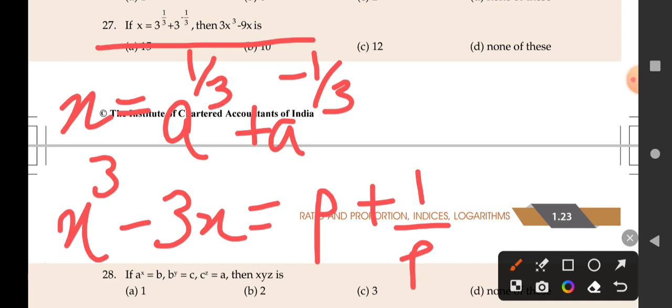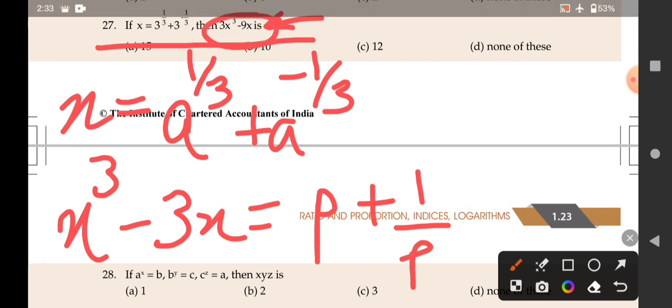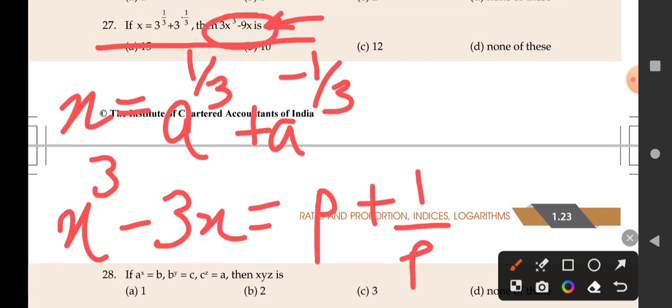So here this equation is 3 into x cube minus 3x, right?